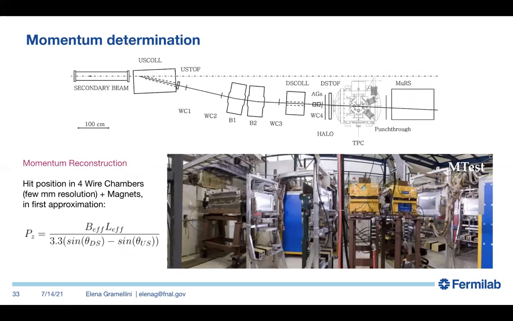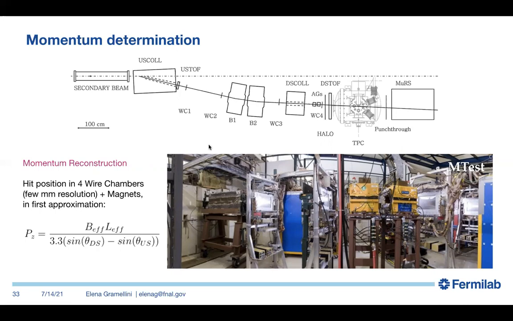Here is a picture of what a test beam experiment looks like. The top is an aerial view of the LARIAT beamline with the LArTPC here. And this is what it actually looks like in real life. It's a different test beam, but it's as messy as the one that we had in LARIAT.